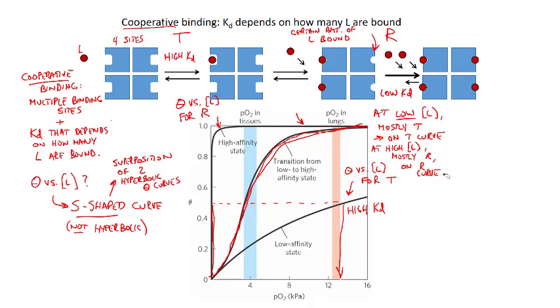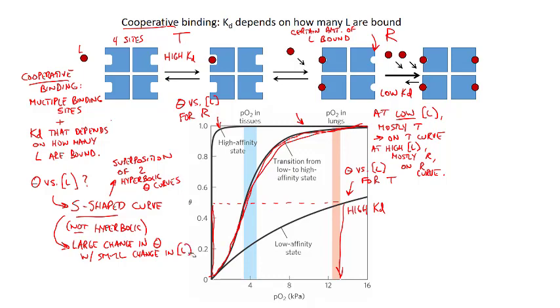So this is cooperative binding, and cooperative binding is very important in biology. This has a big biological advantage. Why do you suppose cooperative binding is so important in biology? Well, it ends up resulting in a large change in the fraction bound as a function of a small change in your ligand concentration.